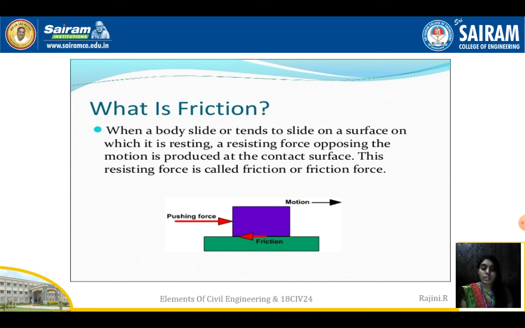Therefore, friction always opposes the motion of the body. In other words, the frictional force acts opposite to the direction of the motion of the body. You can see clearly that the pushing force is rightwards, and the friction force is acting leftwards.